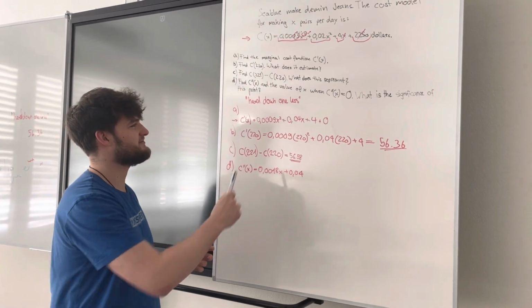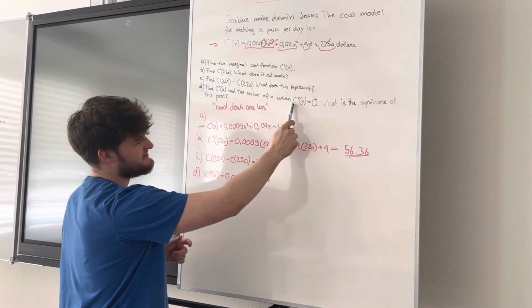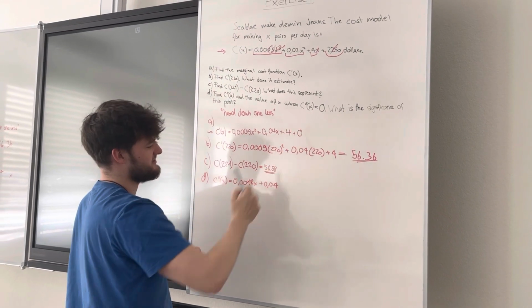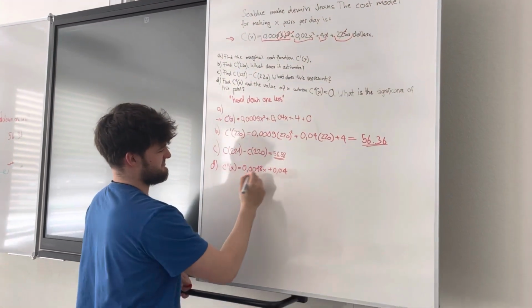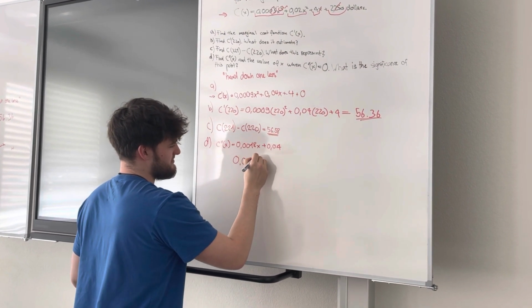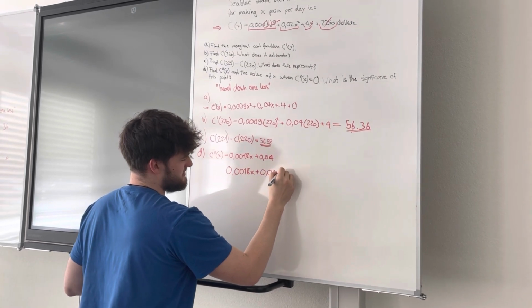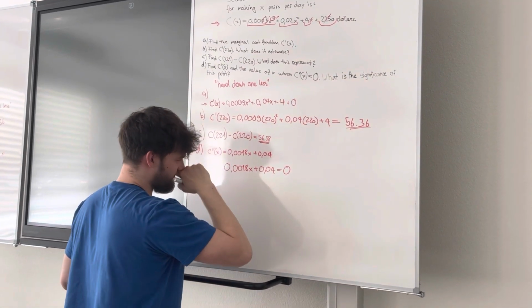So for the second part of exercise D, we have to equalize the second derivative to 0. So we take this function right here.